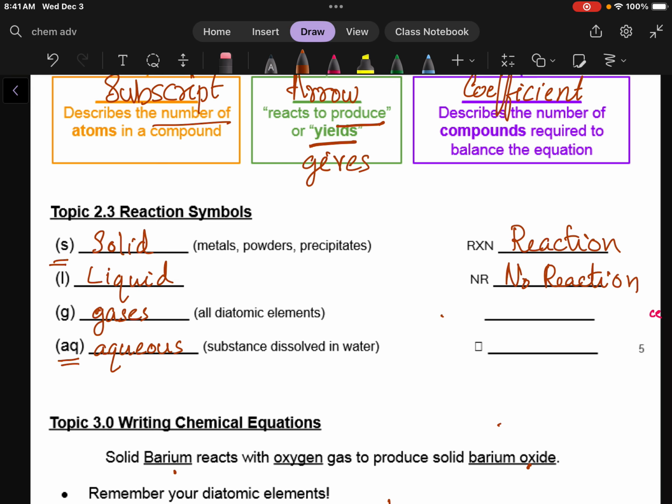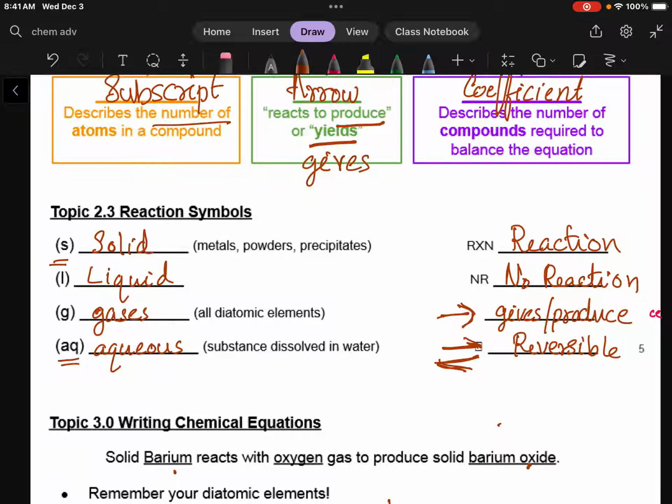And if you see this symbol, we already saw that it's called arrow. It shows gives, produce, or yield. And if we see a symbol like this, a double-headed arrow, that reaction is reversible, when we can change from product to reactant.